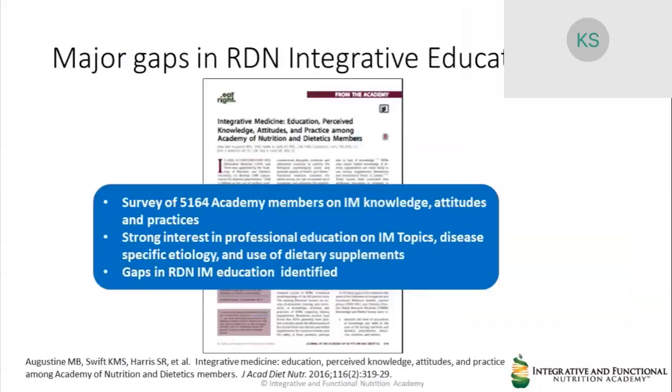And interestingly, however, this is a reality check for the revival. We surveyed a select group of dietitians practicing integrative and functional nutrition, which included over 5,000 Academy members. And integrative medicine, or IM, as you see here, was the umbrella term that we decided upon that would embody integrative, functional, complementary, and alternative medicine.